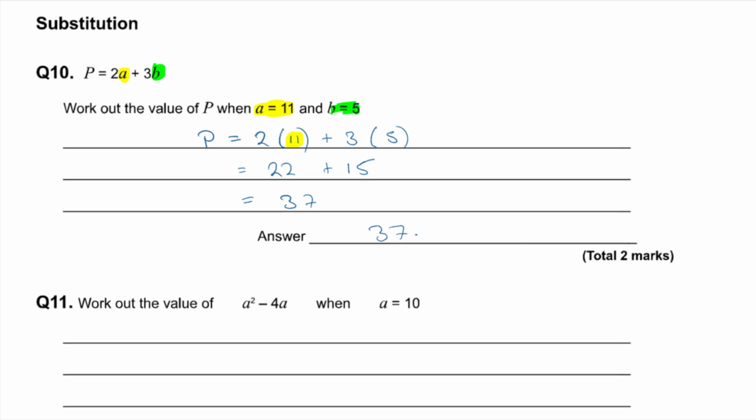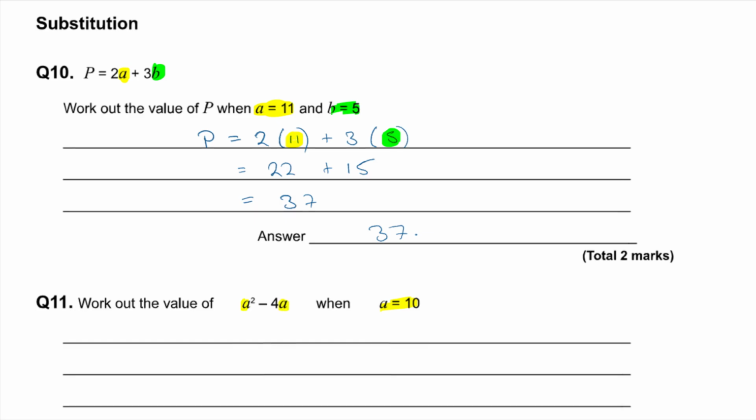Okay, so I just plonked in the 11 value there and the B value of 5 in there. Question 11, work out the value of A squared minus 4A when A is 10. Okay, so I'm replacing A in 2 positions this time. So my value of A is equal to 10 is going to go here and it's going to go here.